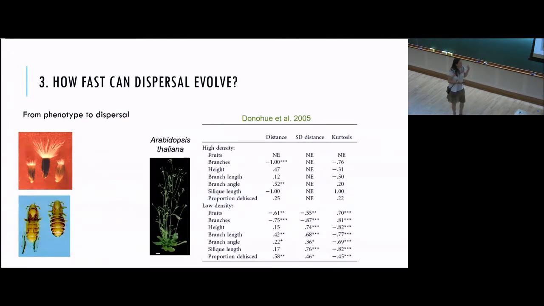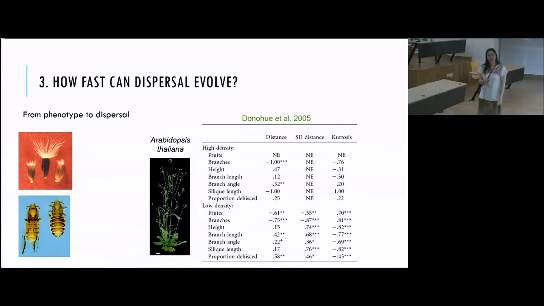There were also studies looking at less obvious aspects of phenotypes that could affect dispersal. This is a very nice study in Arabidopsis thaliana made by Kathleen Donohue and a group. Here they had a lot of different genotypes of Arabidopsis, and they recorded, for a lot of individuals and genotypes, the whole dispersal distance distribution of seeds: the mean distance, the standard deviation of distance, the kurtosis of the distribution.